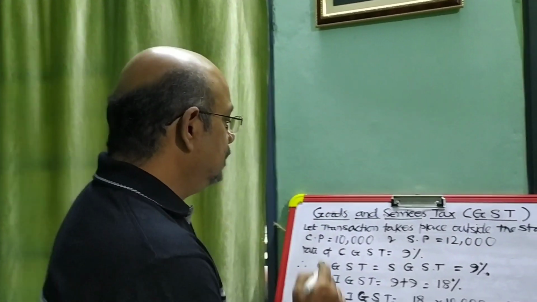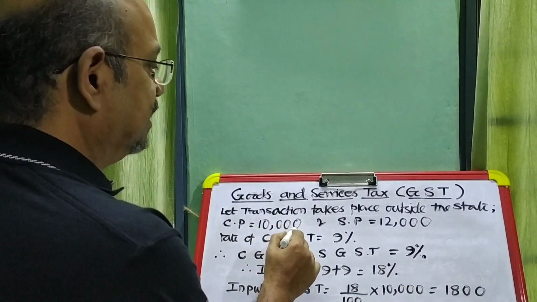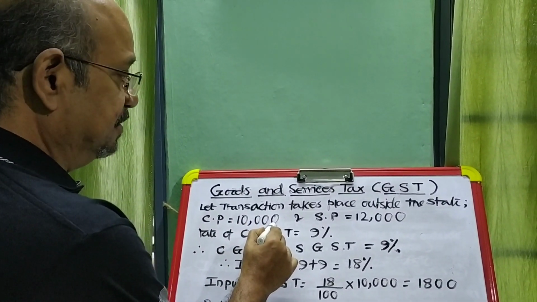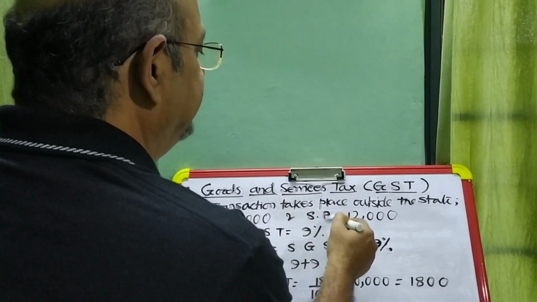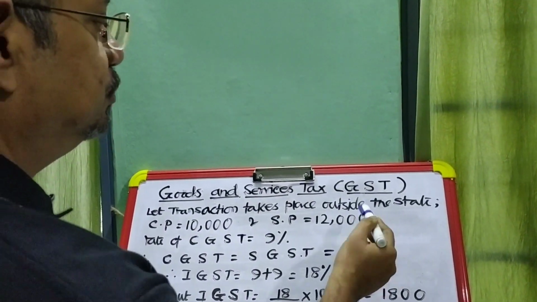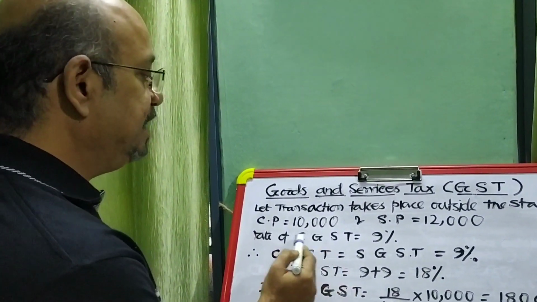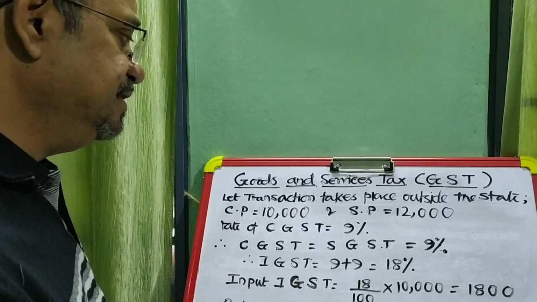Let us take an example now to understand the concept of IGST. Suppose the buying and selling both take place outside the state, then the GST charged will be known as IGST, or interstate GST. Take this example. Suppose the CP, the cost price of the seller, is 10,000, and the seller decides to sell it to the customer at 12,000 rupees, and it is known that CGST is 9%.